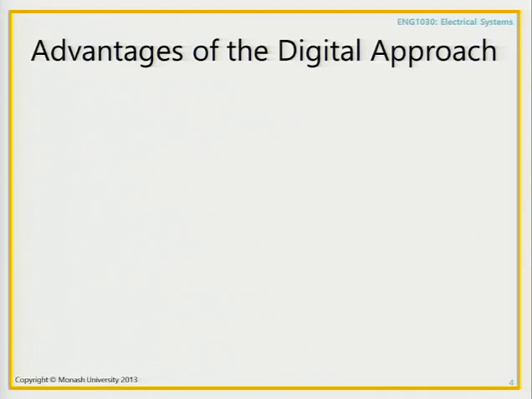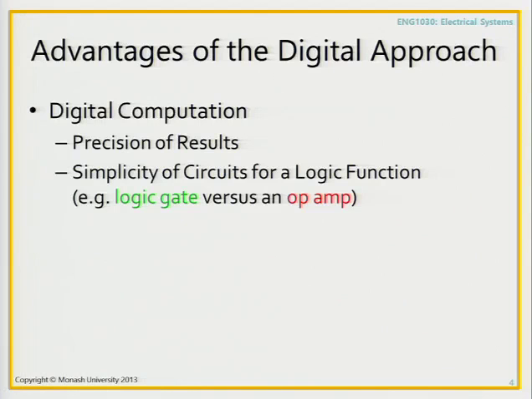Okay, so what are the advantages of doing something like this? Why is it better to be able to say, categorize something into, say, four different steps as opposed to, say, an infinite number of steps between the range of those 4? Well, this allows us to use some different operations, some digital computation. So if we wanted to add 2 numbers in analog, you could use, say, an op-amp.